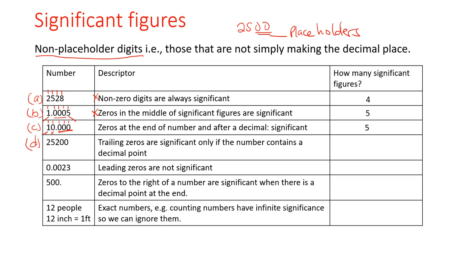So we don't have a decimal point in this number, which means these two are not significant. So the two zeros are not significant. As a result, this number has 3 significant figures. We are not counting the trailing zeros.